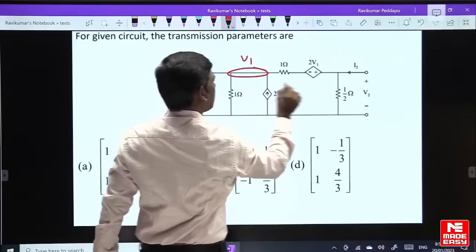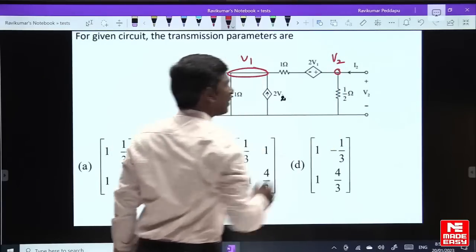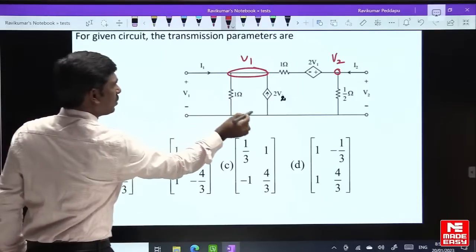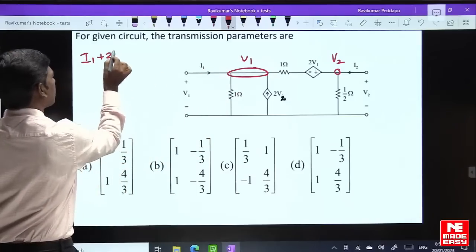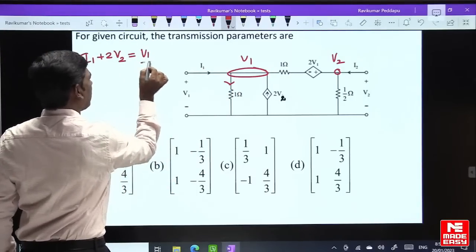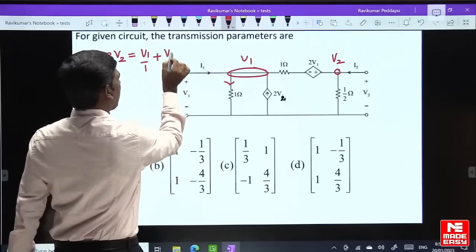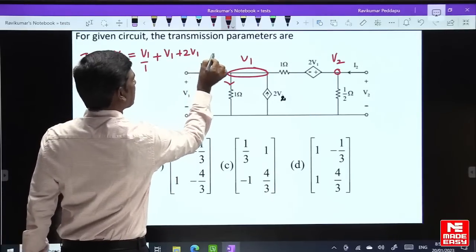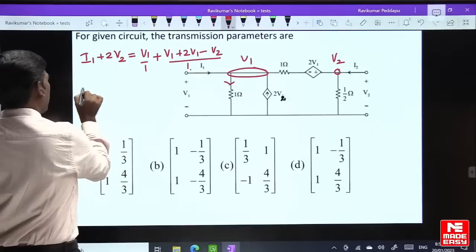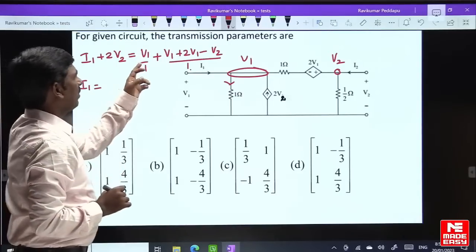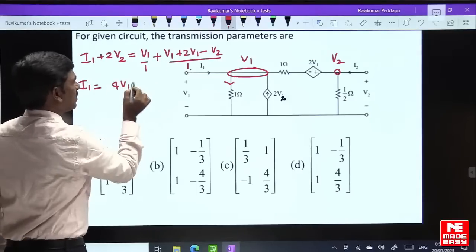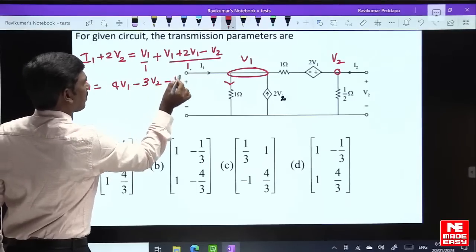This is V1, this is V2. Now apply KCL here. I1 is entering current, 2V2 also entering current, equal to outgoing currents V1 by 1 plus V1 plus 2V1 minus V2 by 1. So I1 is equal to 4V1 minus 3V2, equation 1.